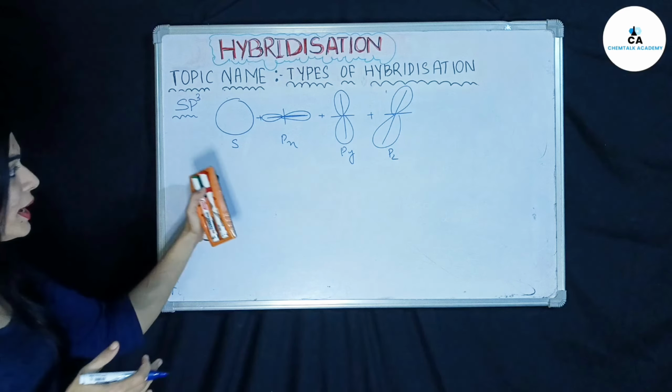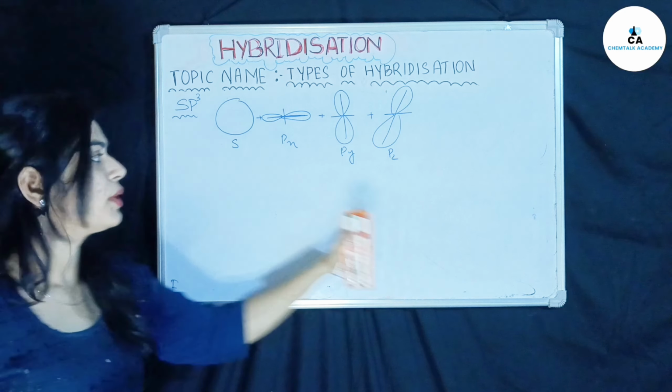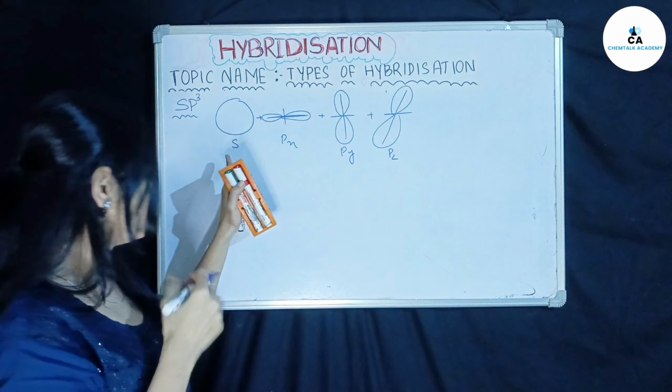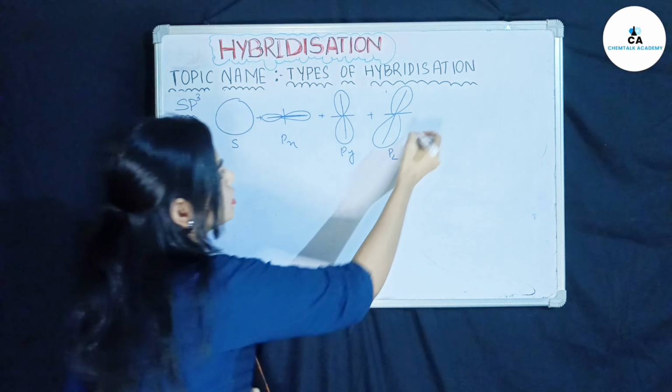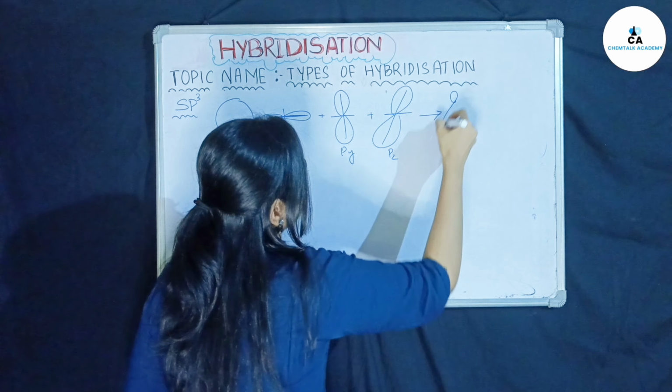So 1s and 3p intermix to give how many? 4 sp3.